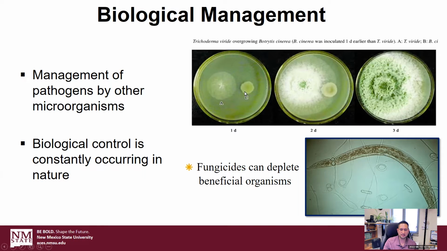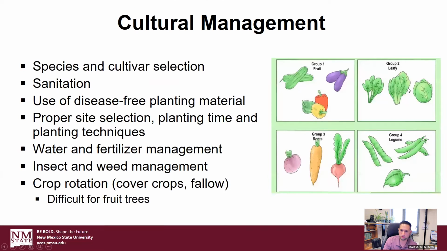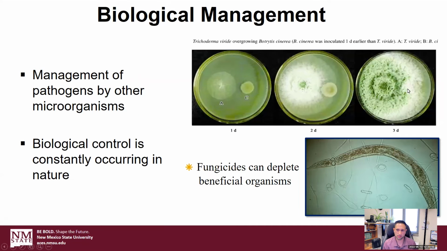And what they did is they tested this botrytis, so it's a gray mold. It grows on strawberries a lot, different types of fruits. And what it does is this trichoderma just grows so quickly versus the actual pathogen that by day 3 it's overtaking this pathogen, and it's really not very useful anymore. So that biological management is really neat.